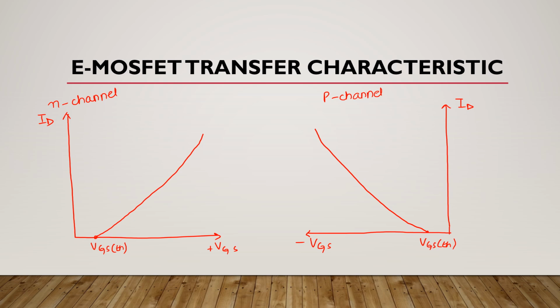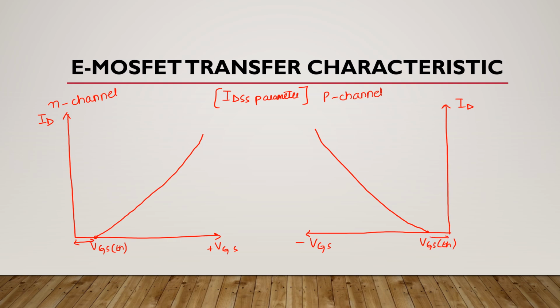Now as you can see, there is no drain current here when VGS is 0. It means these enhancement type MOSFETs do not have a significant IDSS parameter like junction field effect transistors and depletion type MOSFETs. Also note that there is ideally no drain current until gate to source voltage reaches a certain non-zero value called the threshold voltage.